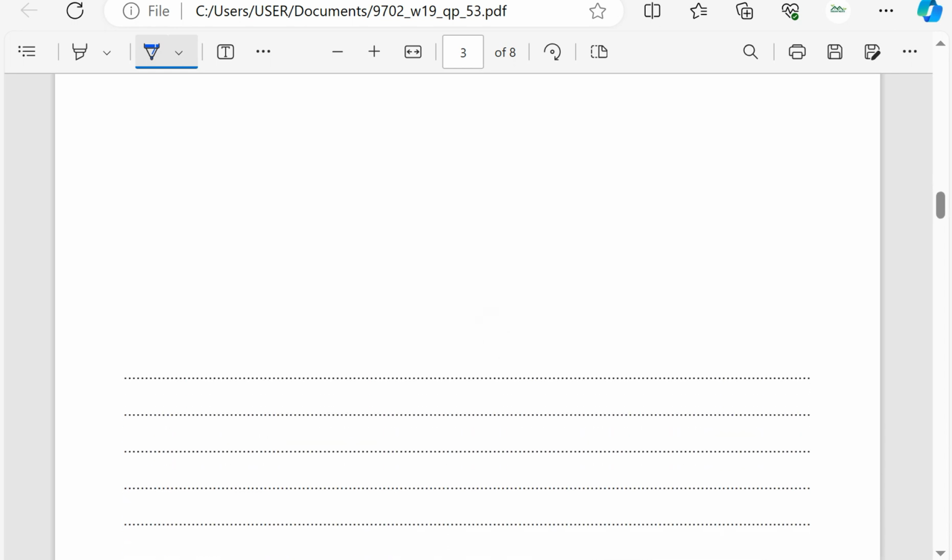So I'll say in this experiment, R is the independent variable and H is the dependent variable.